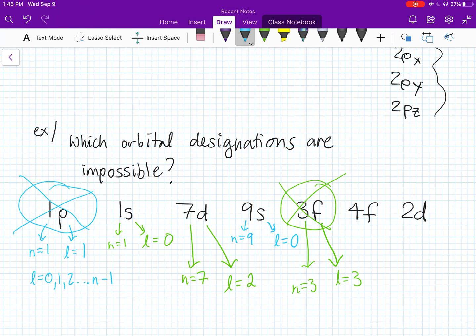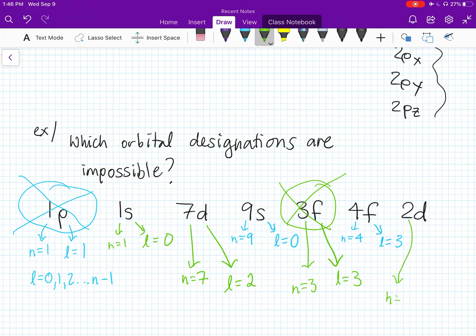For 4f, that means that n equals 4. f means that L equals 3. That's okay, because 3 is n minus 1 in this case. That's allowed.